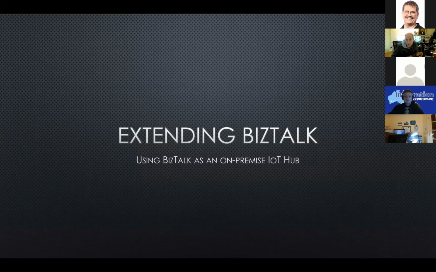That being said, I can communicate directly with an IoT hub on Azure, or specifically with any device that doesn't support HTTP. And I essentially do it that way. So I can eliminate the need for an edge device. So BizTalk becomes also an edge device.